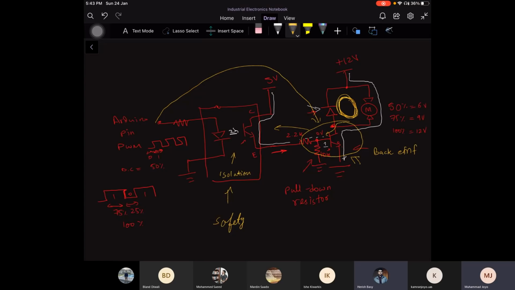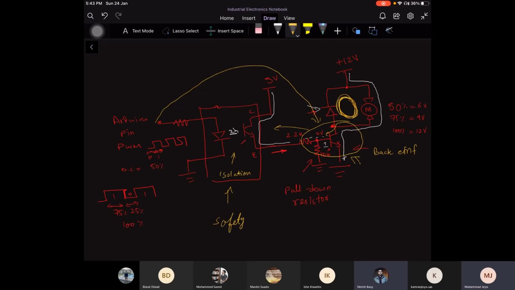Yes, this is the actual reason why we use the diode in reverse bias, not in forward bias. And if let's assume we don't have the problem of back EMF, would we need the diode? No, then no.